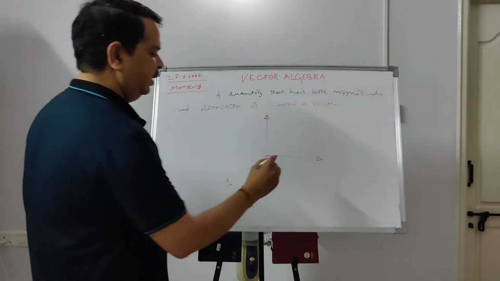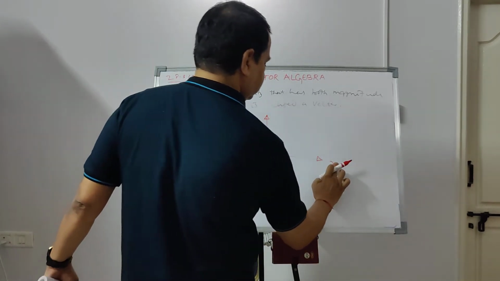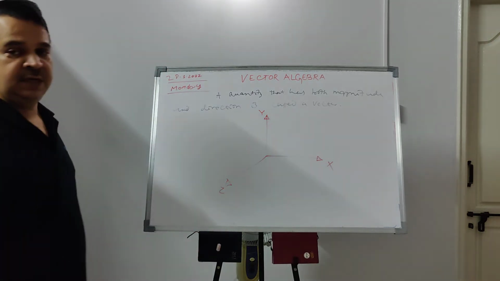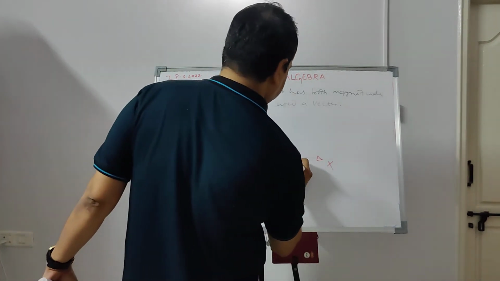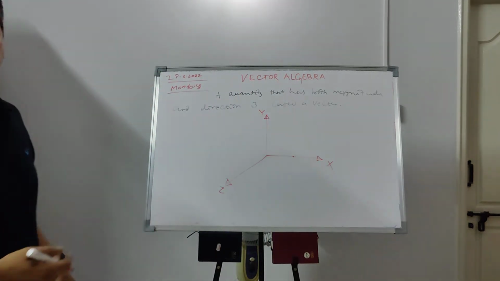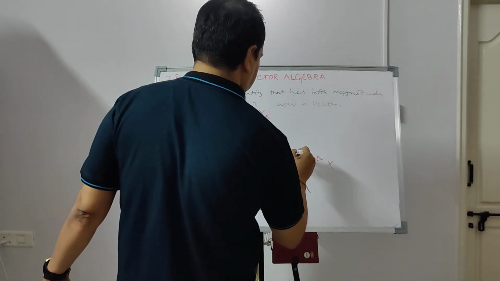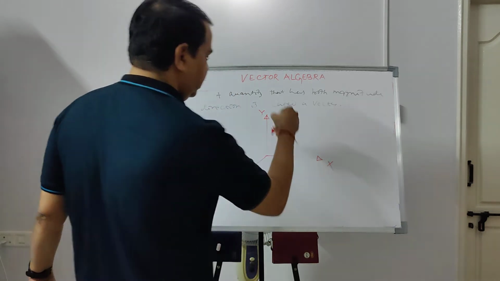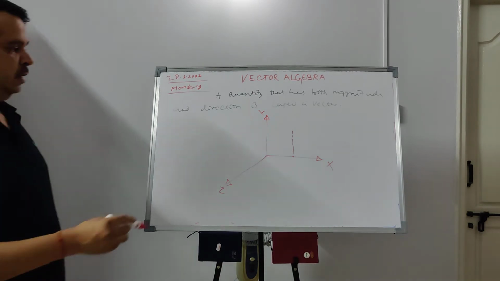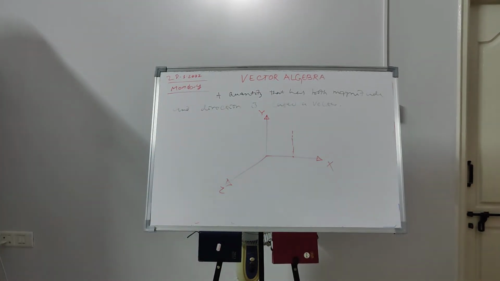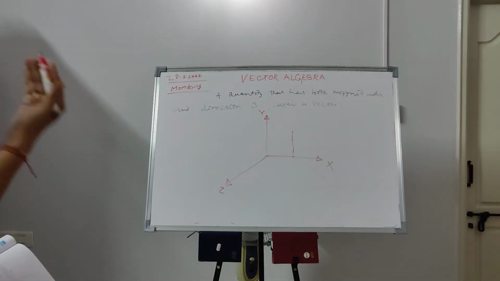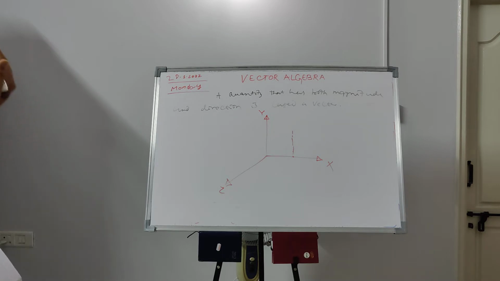Let us say this is my x, this is my y, and this is my z. Let us say I move some distance x in the x-axis. Then let me say I move some distance y. That means it is now in the 2D. Then let us say I move perpendicular to the plane of this board.